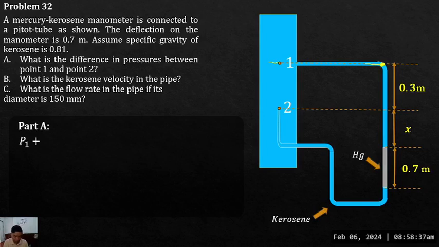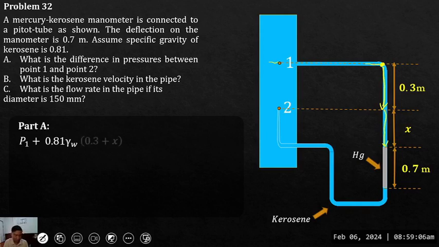Yung unknown pa yan, P1. Tapos, pag pababa, plus yung pressure natin, so that's gamma, that's 0.81, yun yung specific gravity ng kerosene, times yung unit weight ng water, times yung height, in that case, that's 0.3. Or pwede din, since parehong water naman to, dagdag mo lang din si X. Pwede isa-isahin mo, pwede ding sabay mo na. So that's 0.3 plus X.